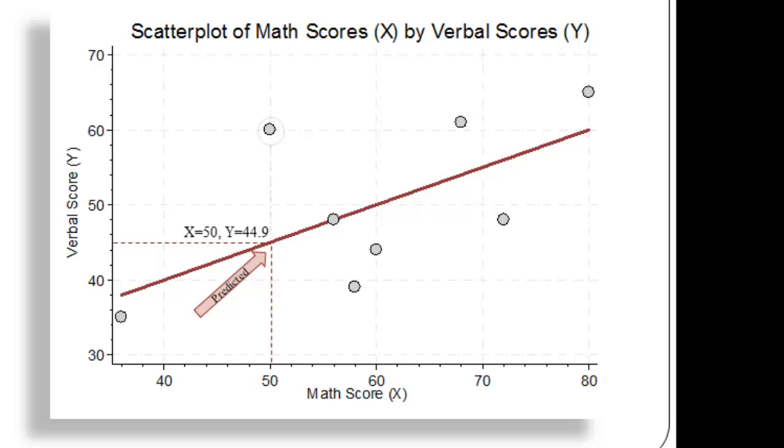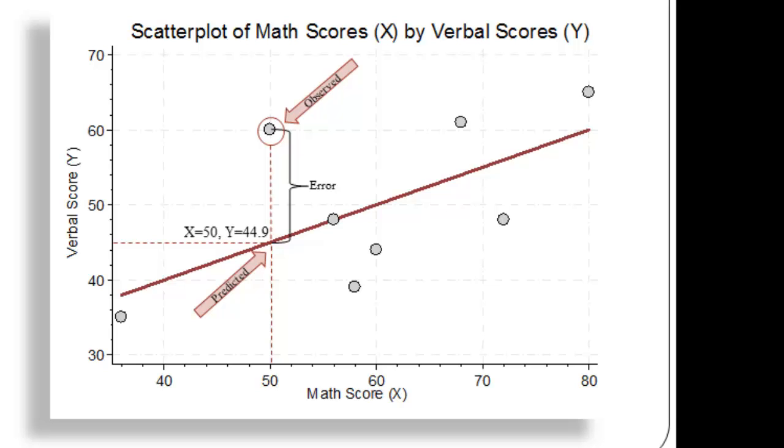You can see that we actually have one case that has a value of x equals 50, a math score of 50, and that person didn't have a score of 44.9. Their score was much closer to 60. And so my model has some error involved in this. Any point on that line is a predicted value. We're going to see that I'm going to label those later as y-hats.